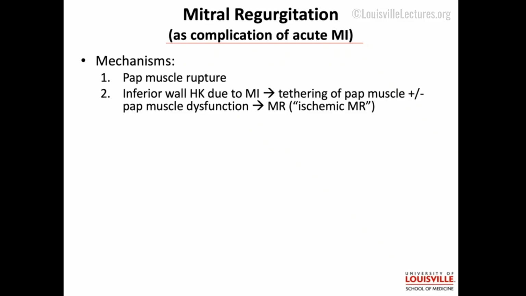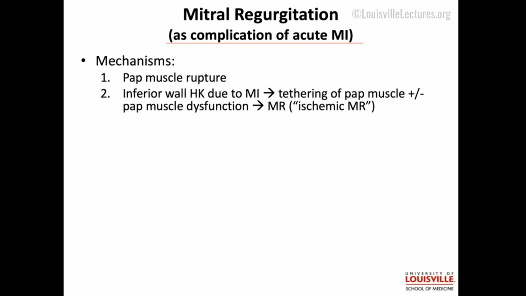But the other mechanism of acute mitral regurgitation in the setting of acute MI is called tethering. This usually happens when the inferior wall is hypokinetic. So normally during systole, which remember that's when the mitral valve is closed, the entire heart will be squeezing like this. And when it squeezes, that's part of how those chordae tendineae are keeping the mitral valve closed and from ballooning back.